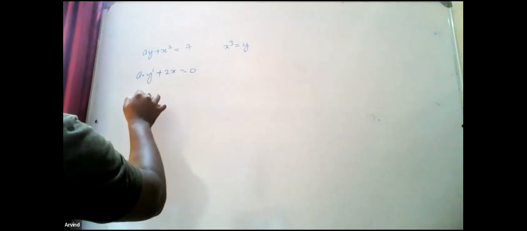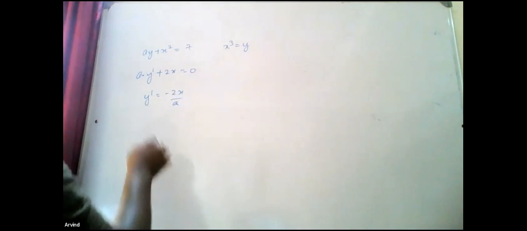So let's differentiate it. a·y' + 2x = 0. Therefore, y' = −2x/a. So y' at (1, 1) is −2/a. This is the slope. Similarly, 3x² = y', so y' at (1, 1) becomes 3 × 1² = 3.